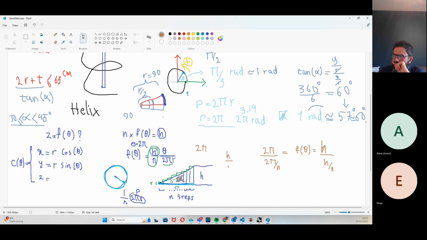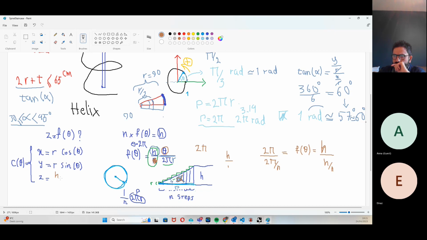Maybe I can do it intuitively in the code. So theta, this n should not be here. H divided by, because this is going to be a parameter that we are going to raise step by step.